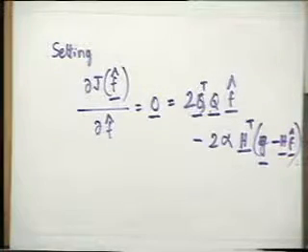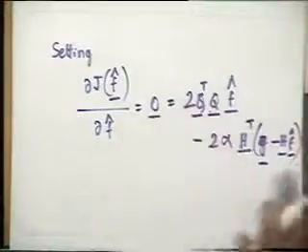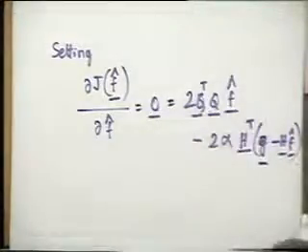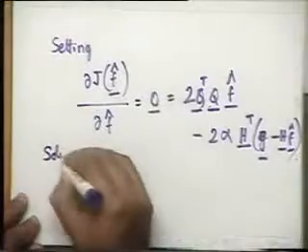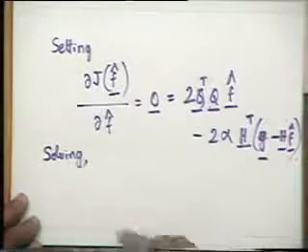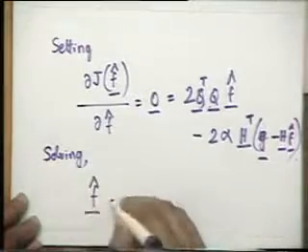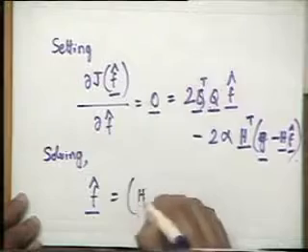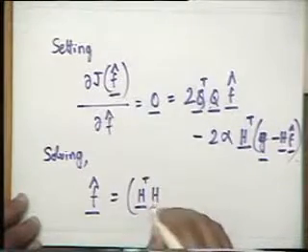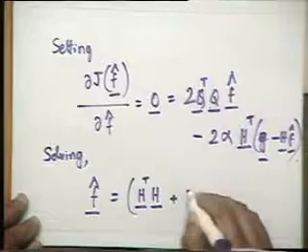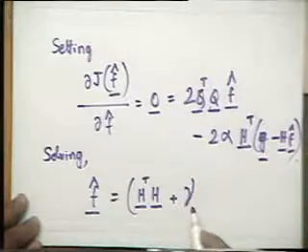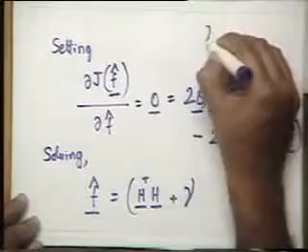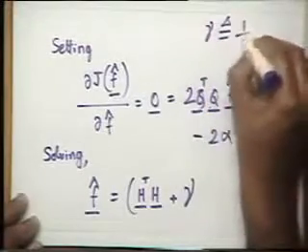All right, this is what we are getting, and from this equation we can solve for f hat under the minimized case, and look what f hat we get. So by solving the above, we get f hat equals (H transpose H plus another constant gamma, where gamma is defined as 1 upon alpha.